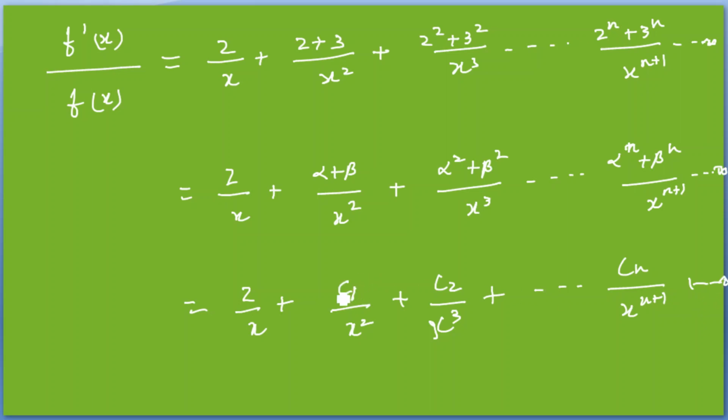From synthetic division, as we know, we can find the values of c1, c2, cn. So now as we know, cn is equal to alphaⁿ plus betaⁿ.